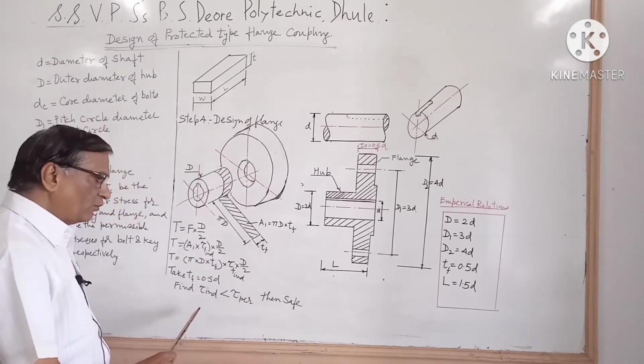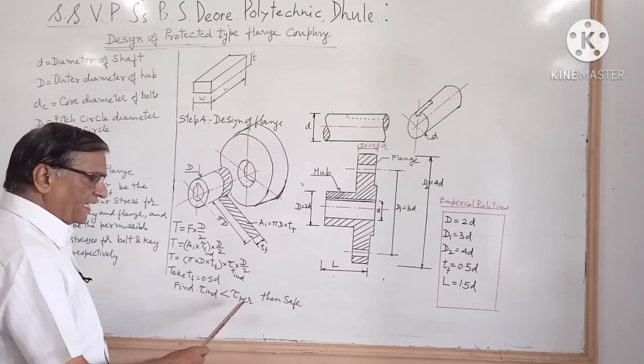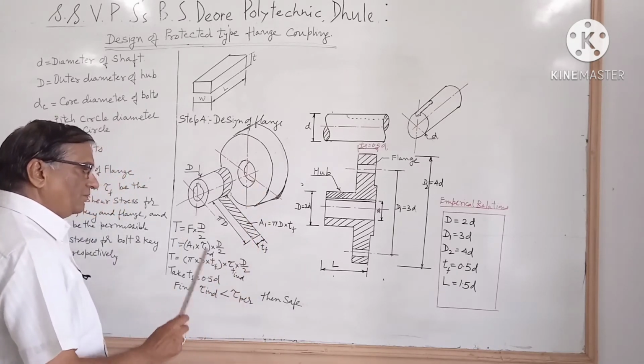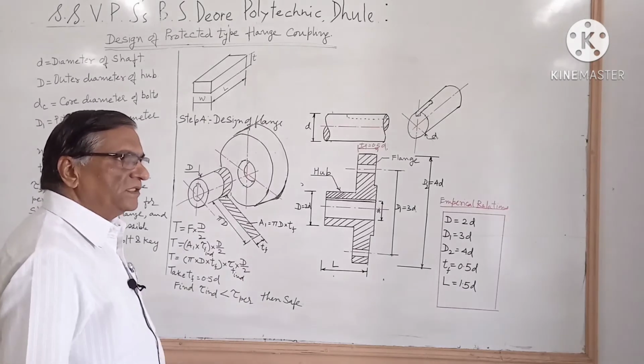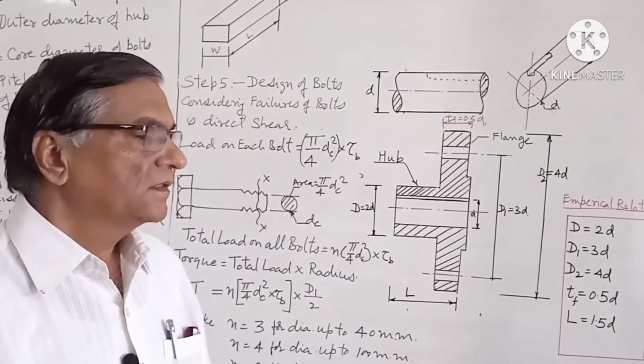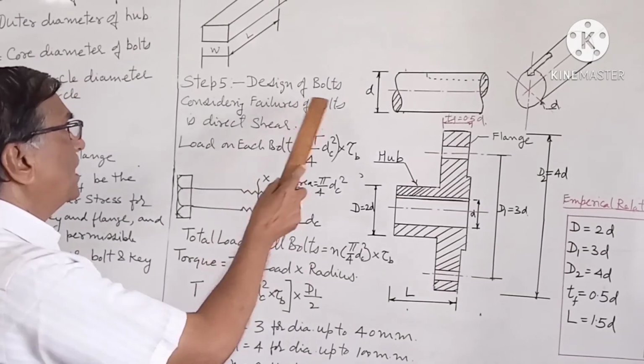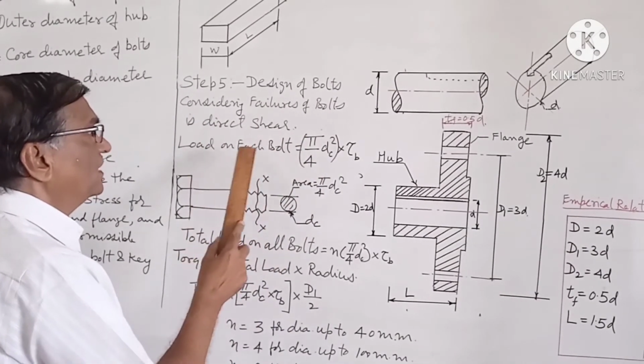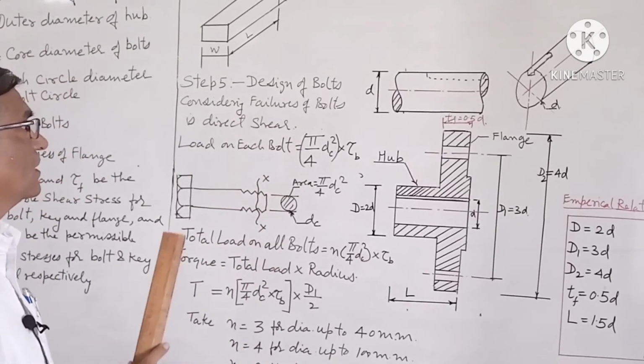If the value of tau induced comes out to be lesser than tau permissible, then the flanges are safe in shear. Now the next step is design of bolts, considering the failure of bolts in direct shear failure.